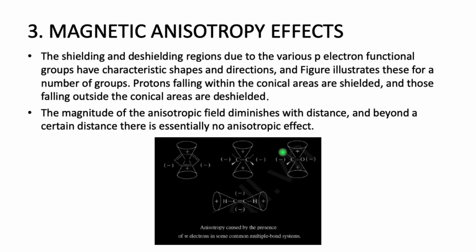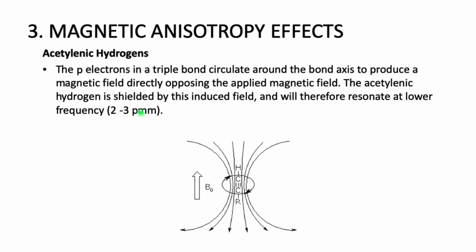Similarly, in benzene, the protons outside this conical area are highly deshielded. That's why the aromatic protons appear around 7 to 8 delta values, whereas the protons attached to the sp hybridized carbon, which has a triple bond, are in the conical region. That's why they are highly shielded and appear at lower delta values, 2 to 3 ppm.